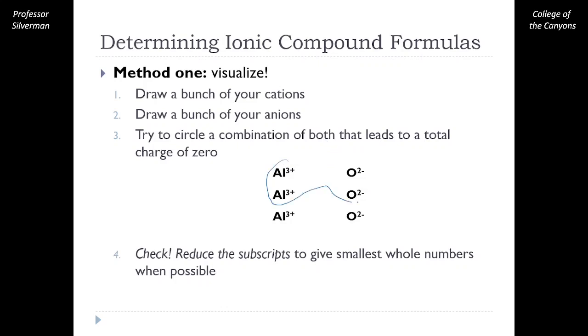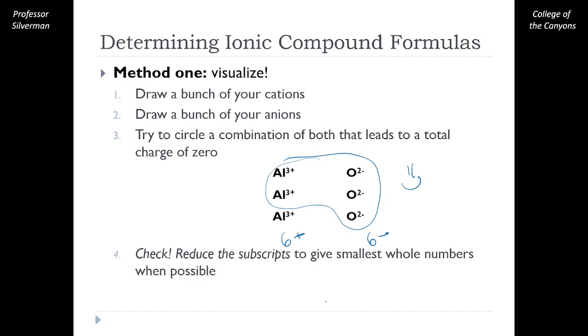We can grab maybe 2 of each. This is the same problem as 1 of each. We can try to grab maybe enough negatives here. 3 of those oxygens are negative, and 2 of our aluminums are our positive ones. Actually, this does work because now we have a total of 6 negatives and we have a total of 6 positives. That's good.